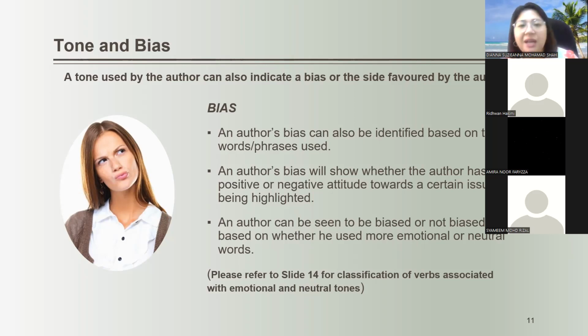But on the other hand, you are not in the same boat with him, where you think printed book would be better than that. You abstract the point whether the author has a positive or negative attitude towards the certain issue being highlighted. All right, so an author can be seen to be biased or not biased based on whether he used more emotional or neutral words.